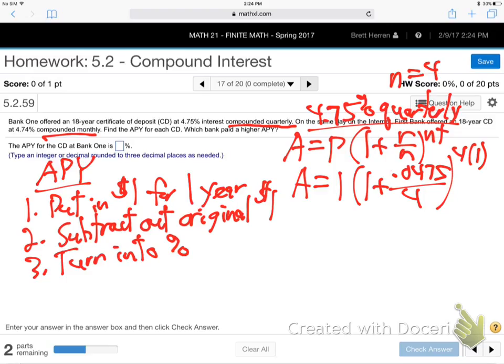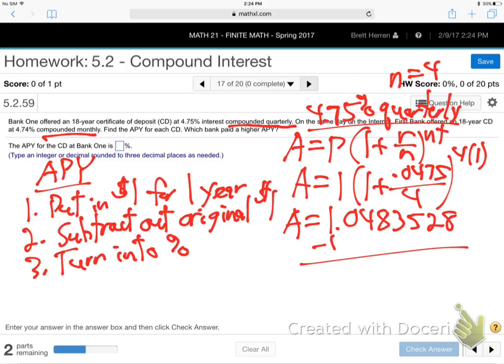I'm getting 1.048352. Supposed to subtract out the original dollar, 0.048352, and then change to a percentage, 4.84, I guess it would round to, huh?